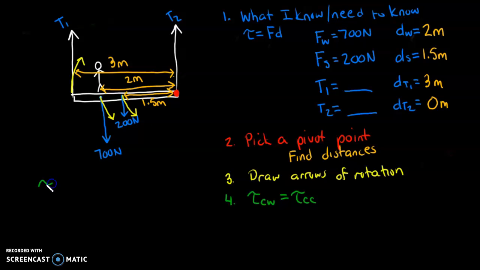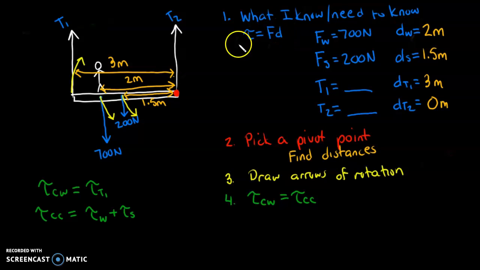So I look at that, my torque clockwise, the direction the clock is going, is going to equal the torque of T1. And my torque counterclockwise is going to equal these two. The torque of my washer and the torque of the scaffolding.